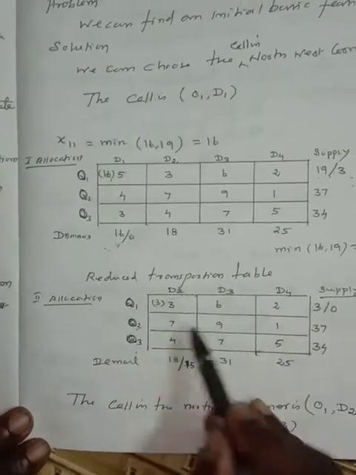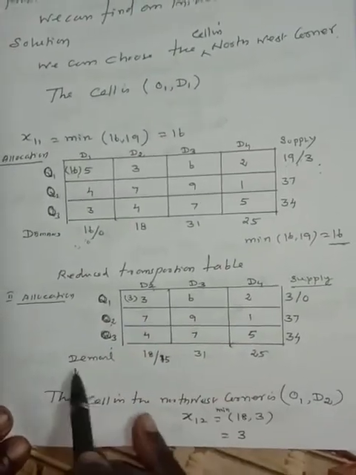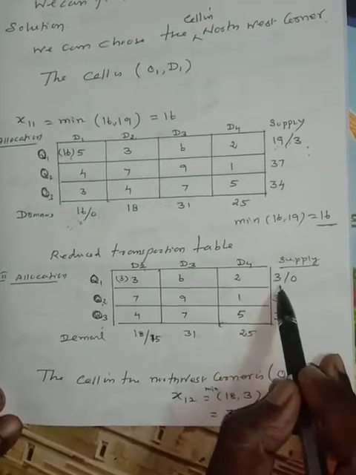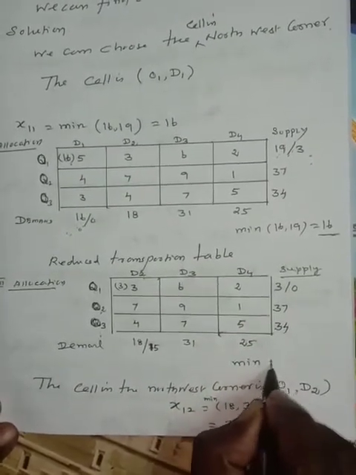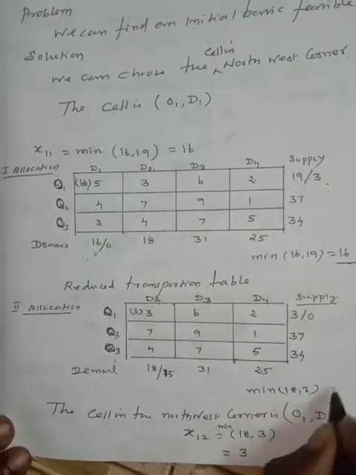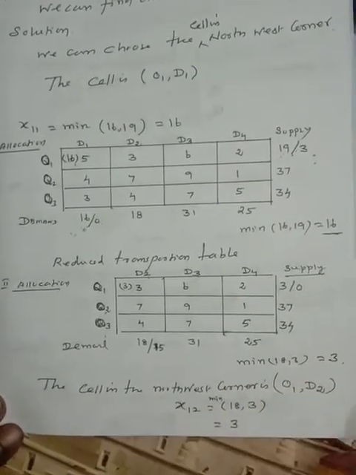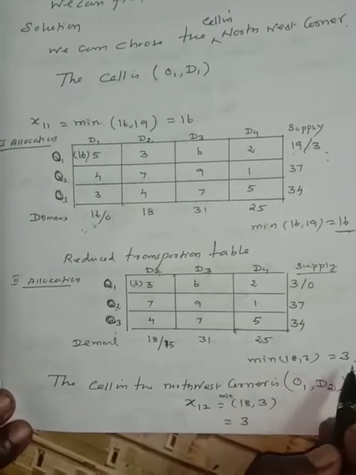Take the minimum of the first row and first column. Demand 18, supply 3. The minimum of 18 and 3 is 3.